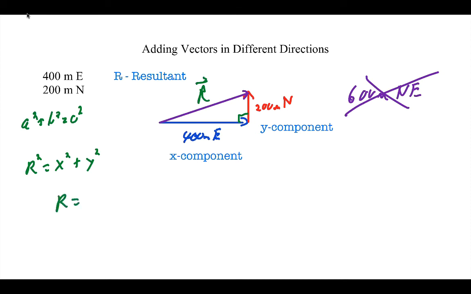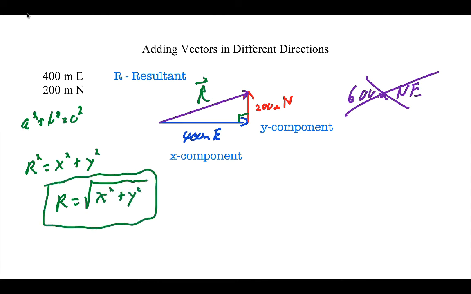So I like to just keep the equation like this. That's how I can get my resultant. So in this case, the resultant of these movements, 400 meters east and 200 meters north, would be the square root of 400 squared plus 200 squared.